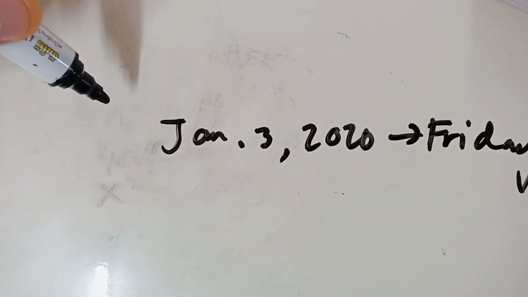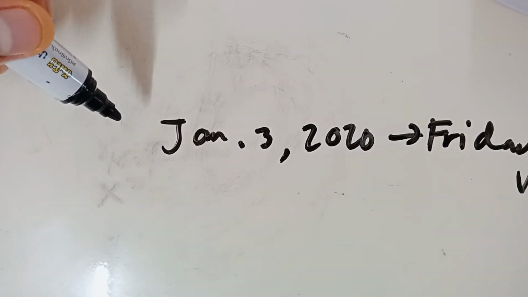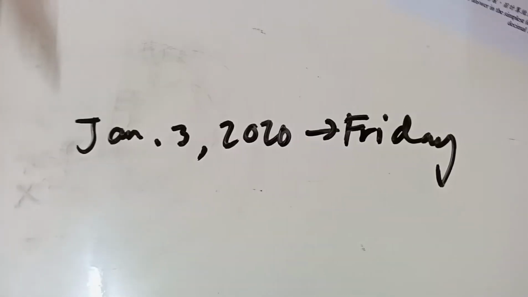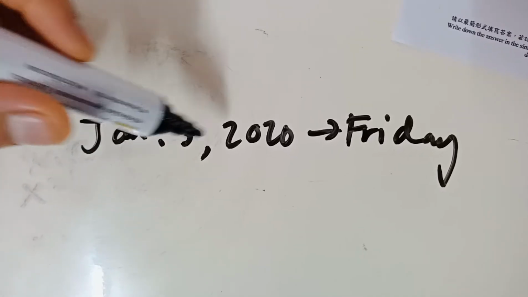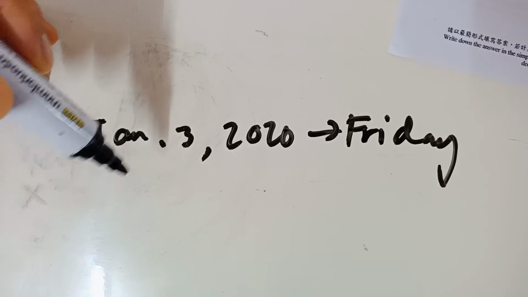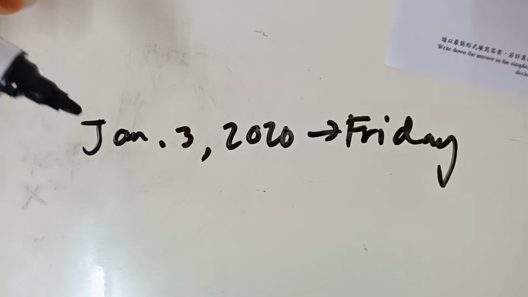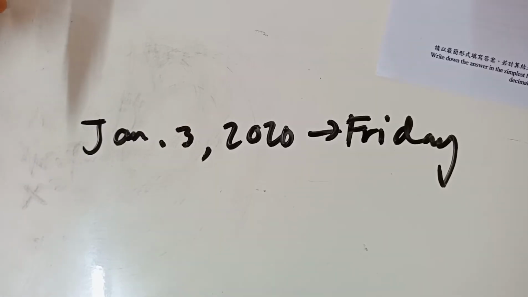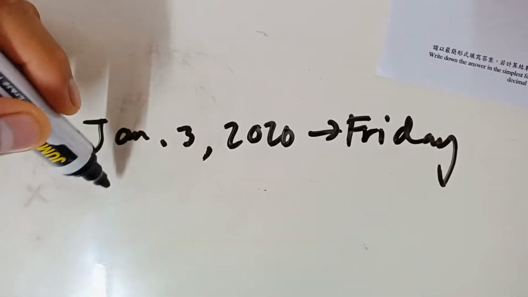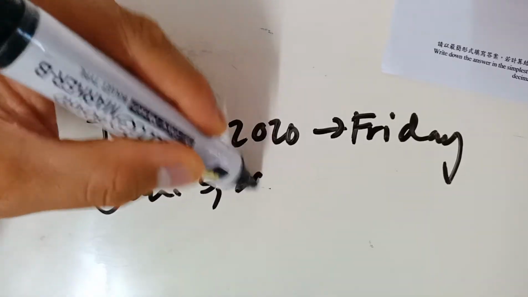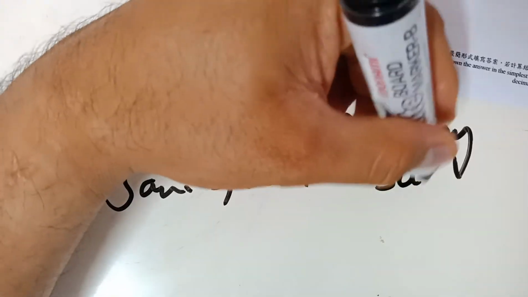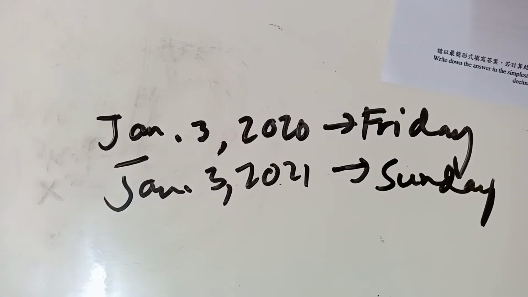Next year, usually it will be 1 day ahead for the same date, but since this year is a leap year, it means this February will have 29 days. So it will be 2 days forward or 2 days ahead. Okay, so January 3, 2021 will be Friday, Saturday, Sunday. Okay, that is the logic.